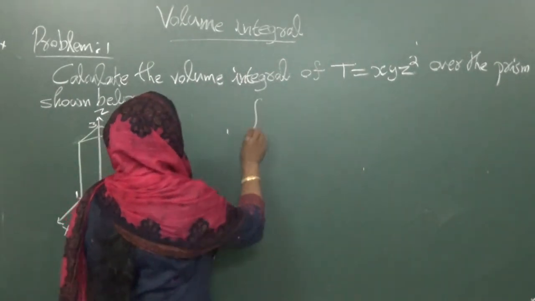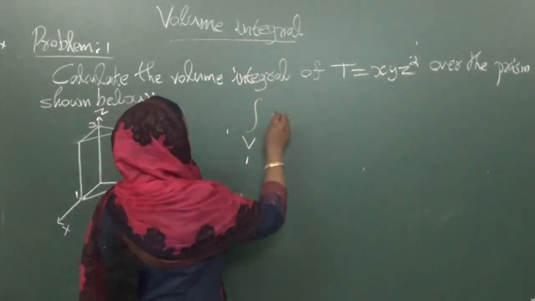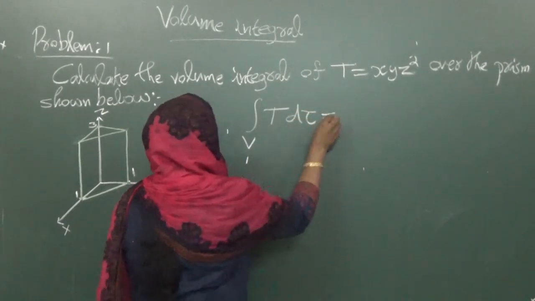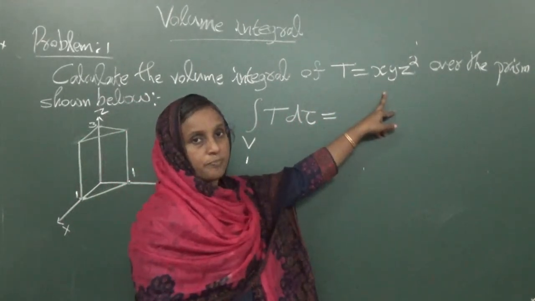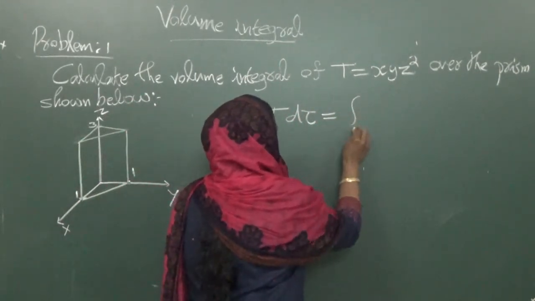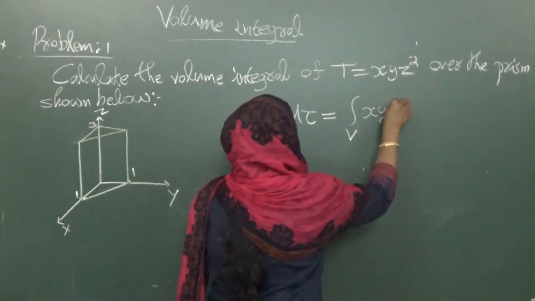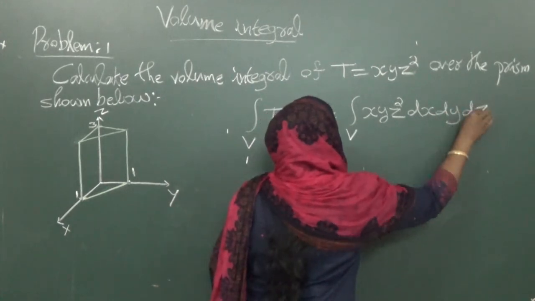The volume integral of this function T dτ. T is given here, so substituting this, you get xyz² dx dy dz.